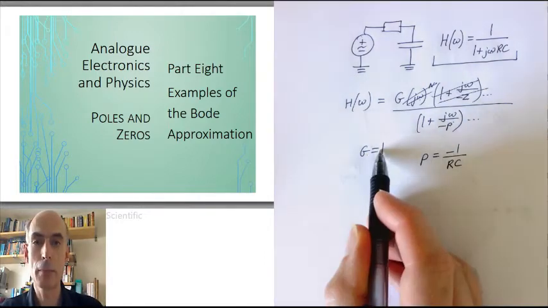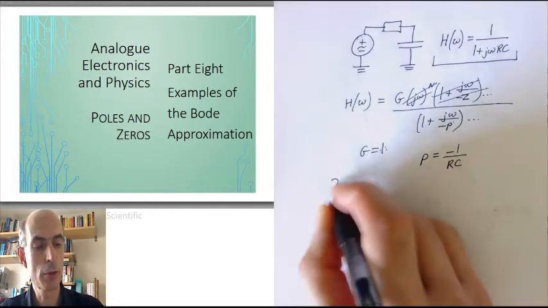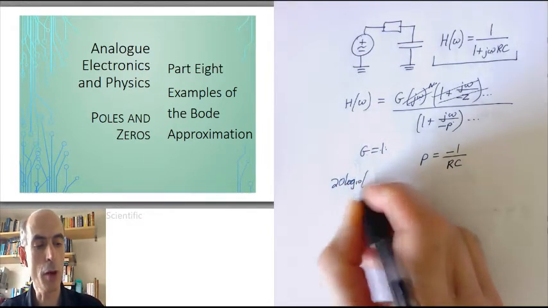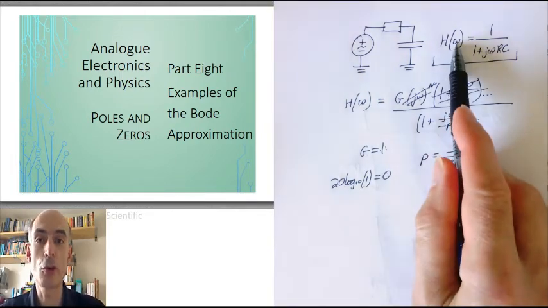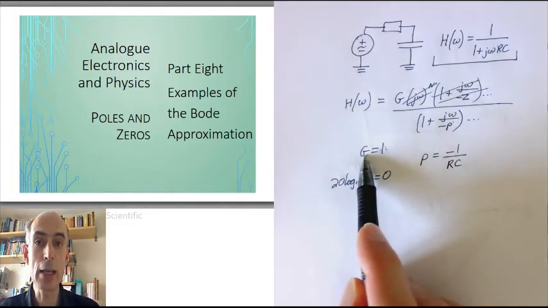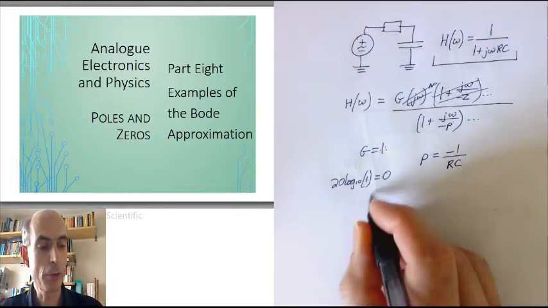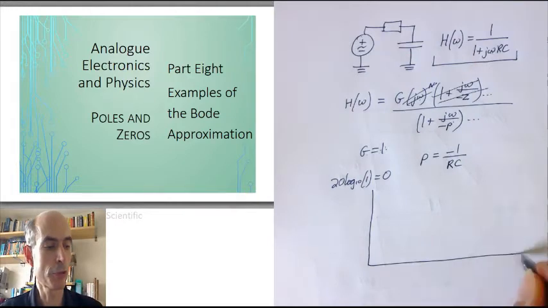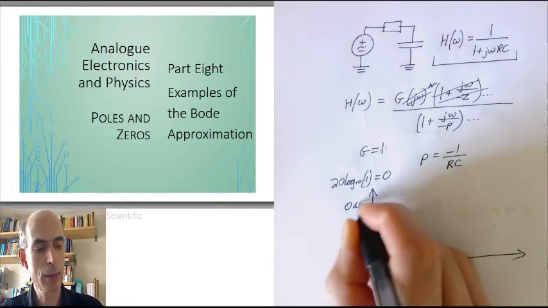G is 1. Expressing 1 in terms of decibels gives you 20 log 10 of 1, that's just 0. And since we have no zeros at 0 hertz, G is the gain at DC, the gain at low frequencies. So we can start our Bode approximation in this case at 0 dB.